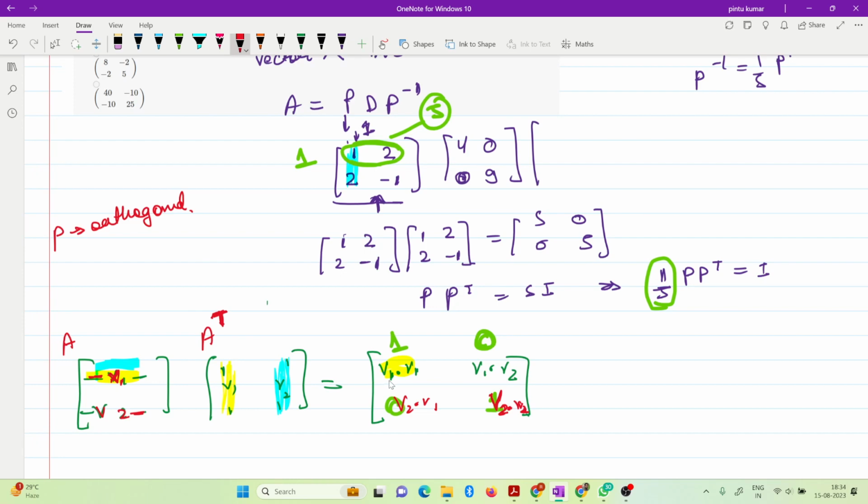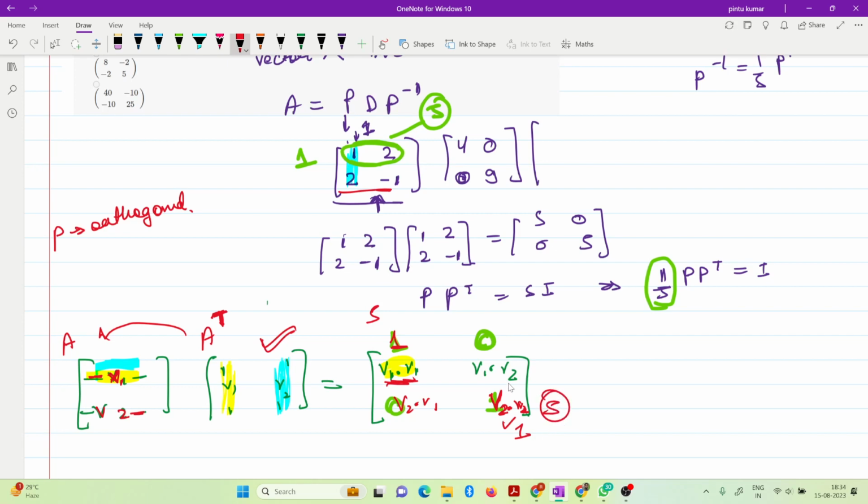Now if my V1 dot V1 was 1 and this V2 dot V2 was 1, then this A transpose would have been the inverse of my A, right? But if you look carefully, my V1 dot V1 is not 1, but it is 5. Again, V2 dot V2 is also 5.